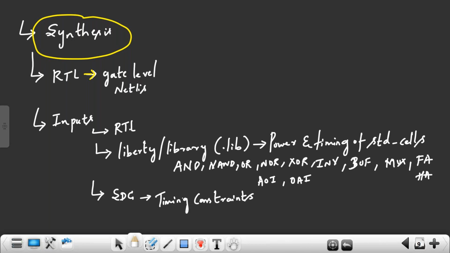It means within what clock frequency your design has to work. There is also set input delay, set output delay, set driving cell, set load. All these things we'll describe later. For now, just understand that the main thing in SDC is the clock frequency, with which your design should work. This information is present in SDC.